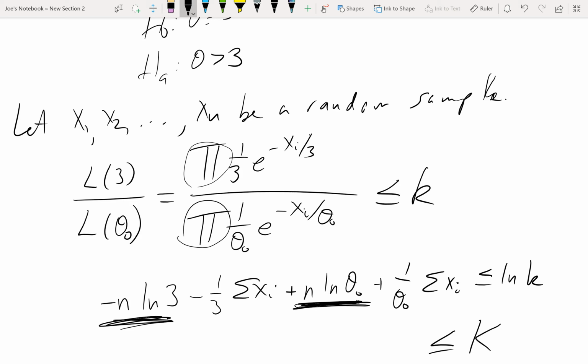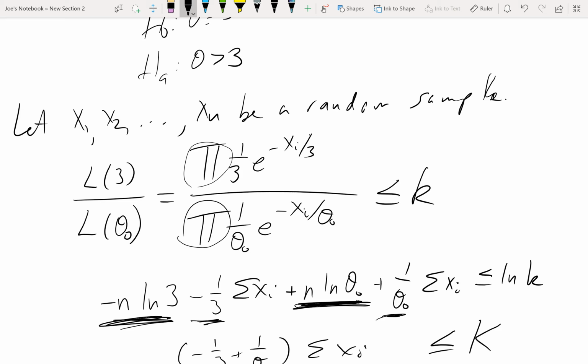All right, on the right-hand side, we have this 1/3 and this 1 over theta naught. Now remember, going into this, we're assuming that the theta naught is bigger than 3. So if theta naught's bigger than 3, 1 over theta naught is less than 1/3, right? So when I combine these two constants, I make this negative a third plus 1 over theta naught times the sum of the x sub i's. Remember, I'm trying to solve for the sum of the x sub i's.